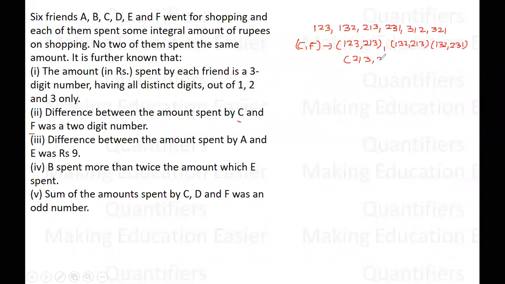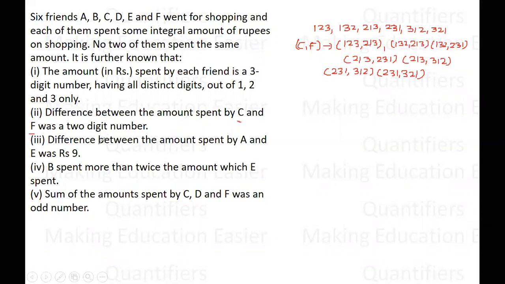Or the difference can be 213 and 312. This could also be a difference. Or the difference could be 231 and 312. Or it can be 231 and 321. So these are the possible differences.